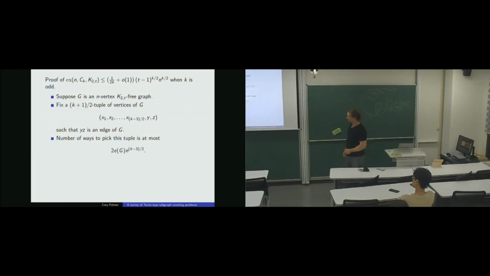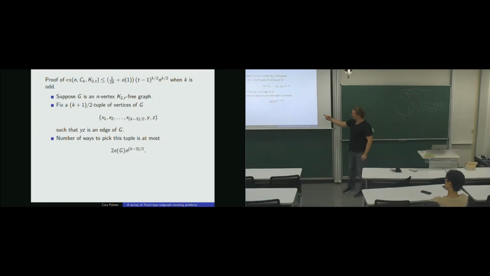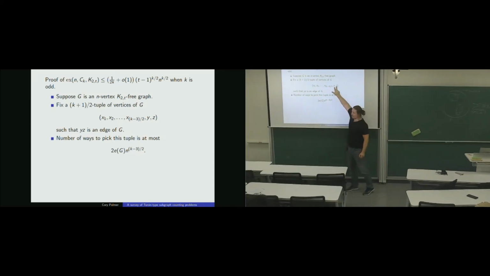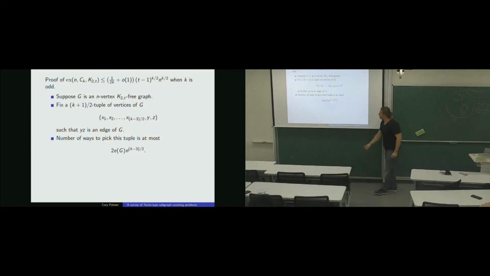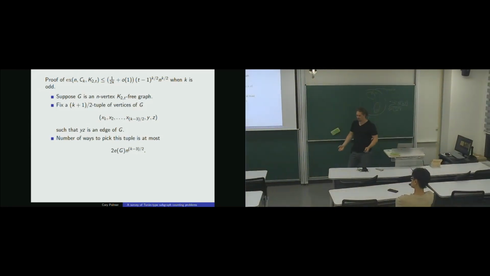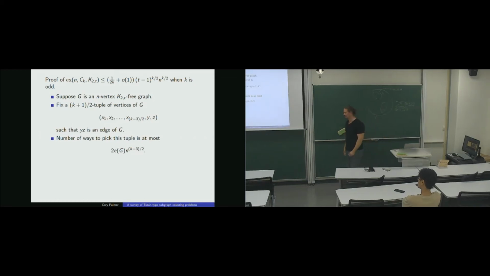The number of ways to pick this tuple is at most this quantity. I have to pick the edge yz, which can be picked in 2e(G) ways, because the edge yz or zy is the same thing. Then the remaining vertices x_1 up to x_{(k-3)/2} can each be chosen in at most n ways. Obviously after choosing the first you have fewer than n ways for the second, but it's an upper bound.